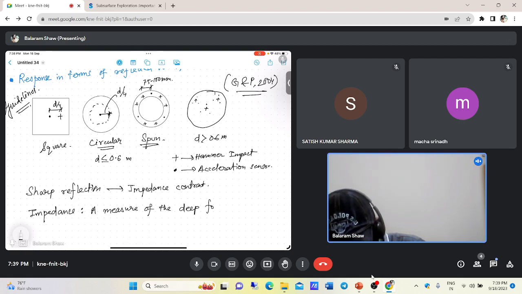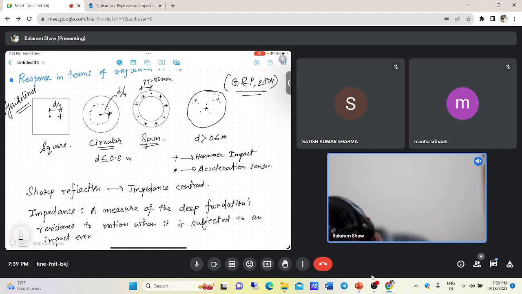You might have studied impedance in your electrical courses. Impedance is a measure of the deep foundation's resistance to motion when it is subjected to an impact event.